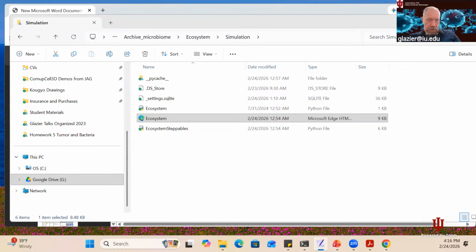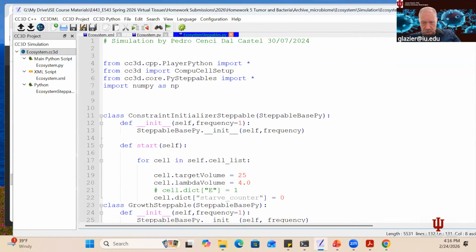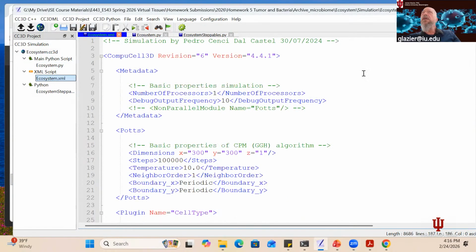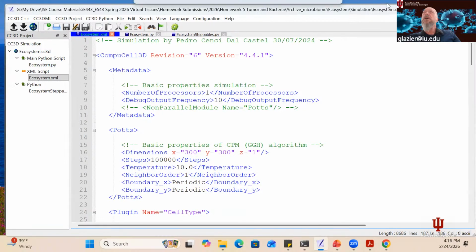But the real problem is not this one. Okay. So here is the code. All right. So let's look at the XML, the definition.